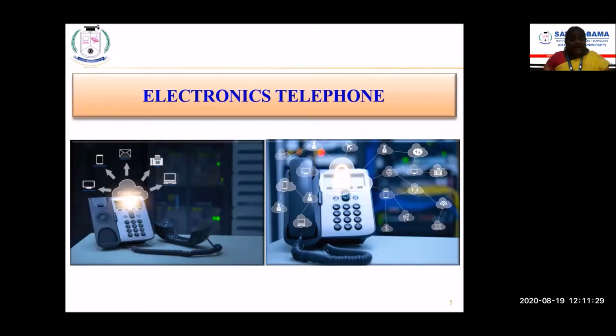And even in the latest portable cordless telephones, we have GPS operations, and we will be able to connect to the cloud network or any other kind of Wi-Fi network, and all those options are also available. So now let us learn how the electronic telephones are built up and what the internal components of it are.